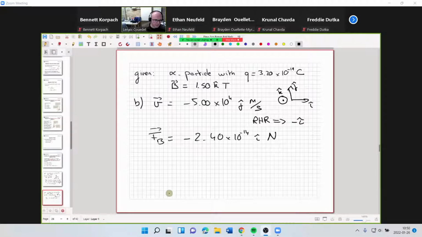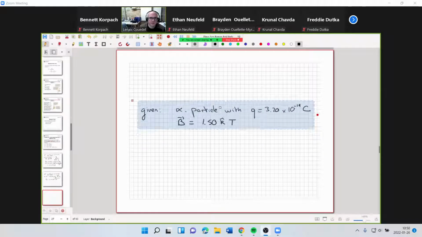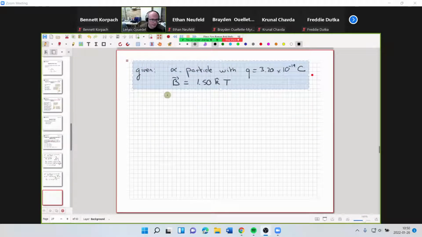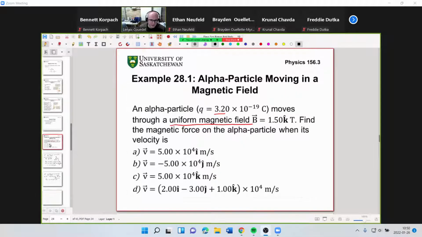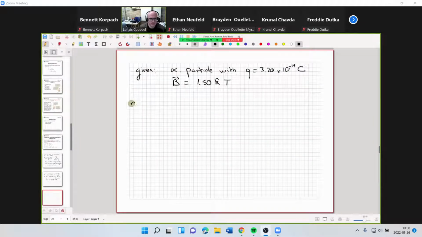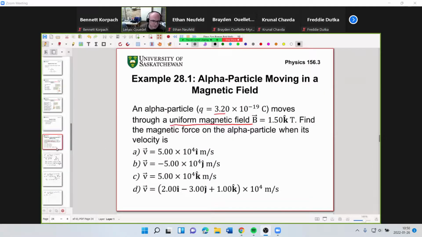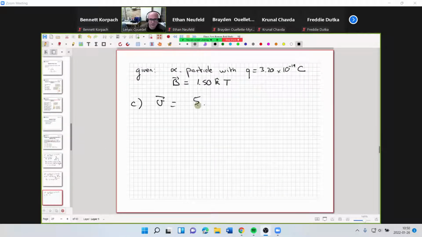No? So let's try to do the third example now. So the given are exactly the same, and now the difference is V is along K hat. Okay, so now case C, V is equal to 5 × 10^4 K hat meter per second.